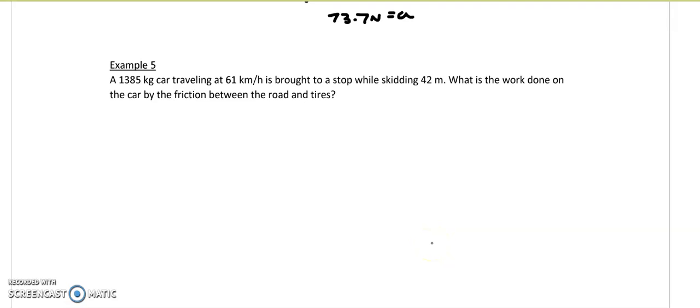Okay, last example here, we've got a car traveling 61 kilometers per hour, being brought to a stop while skidding 42 meters. Well, we know that the amount of work is going to be equal to the force times distance, which would be mass times the acceleration times the distance.